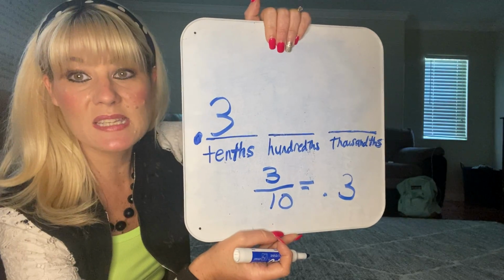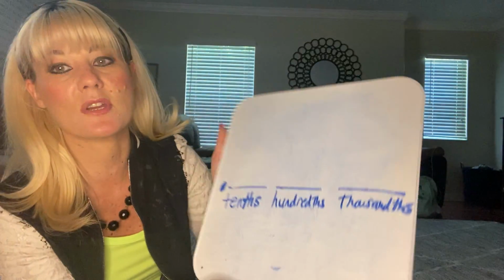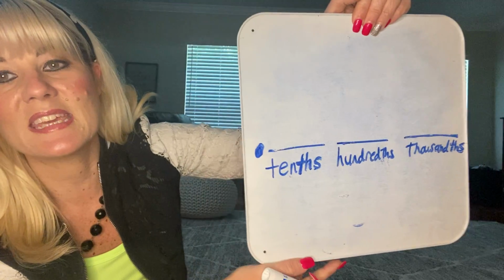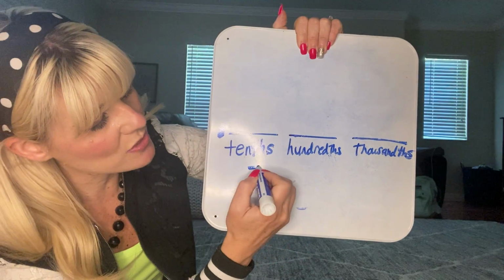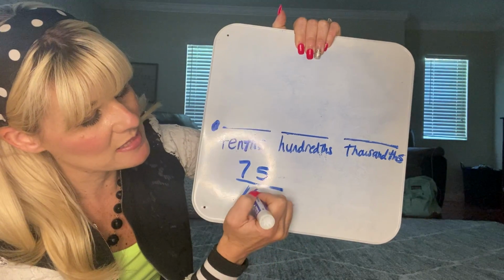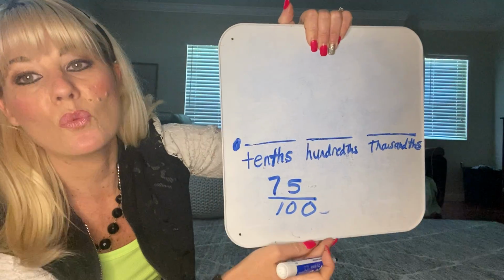Okay, but let's practice another one. Let's say we're gonna do it out of hundreds this time, everyone. Let's say we're gonna do 75 out of 100. How do we now write this as a decimal? 75 out of 100 as a fraction looks like this, 75 over 100.